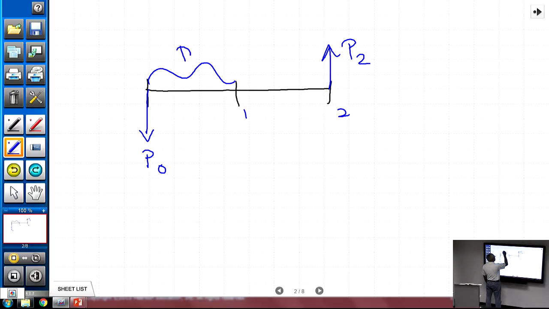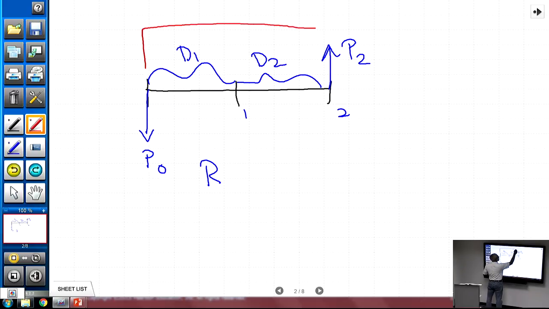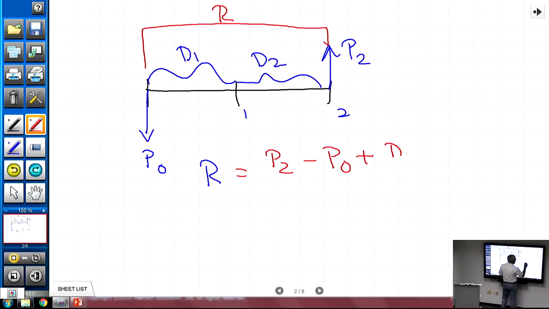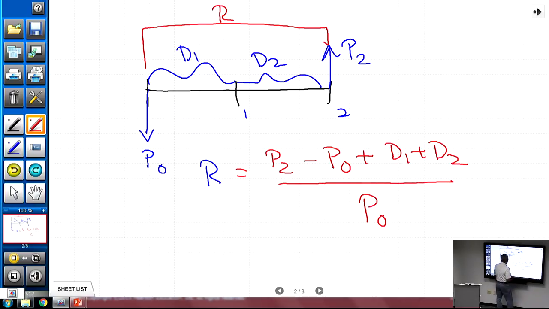Dividends over that period are D1 and D2. Then the return over this entire period would be the ending stock price minus the beginning stock price plus D1 plus D2, both dividends, divided by P0.